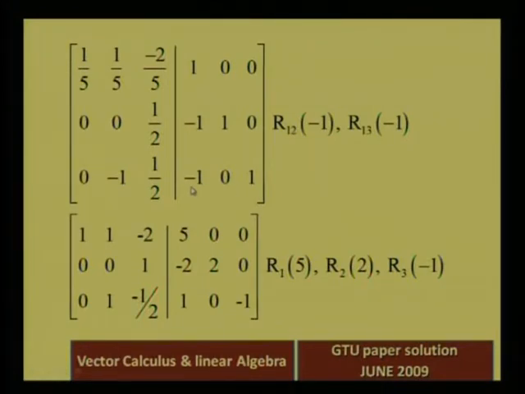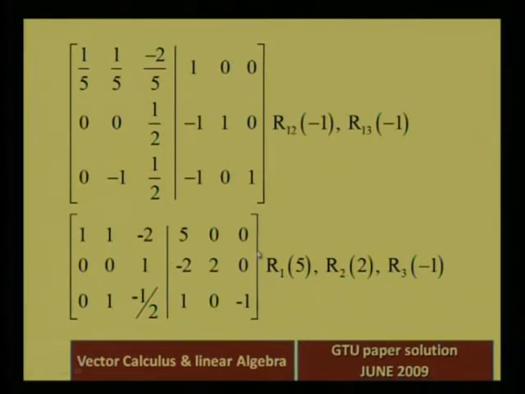Now the next process: we multiply the first row with 5, we multiply the second row with 2, and we multiply the third row with minus 1. The first row becomes 1 1 minus 2 5 0 0.